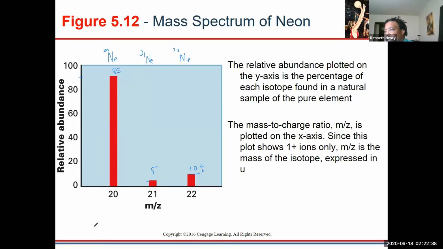So in this case, we'd multiply 20 by 85%, or we'd multiply by the decimal, which is 0.085, plus 5%, times 21, plus 10%, which is 0.10, times 22.